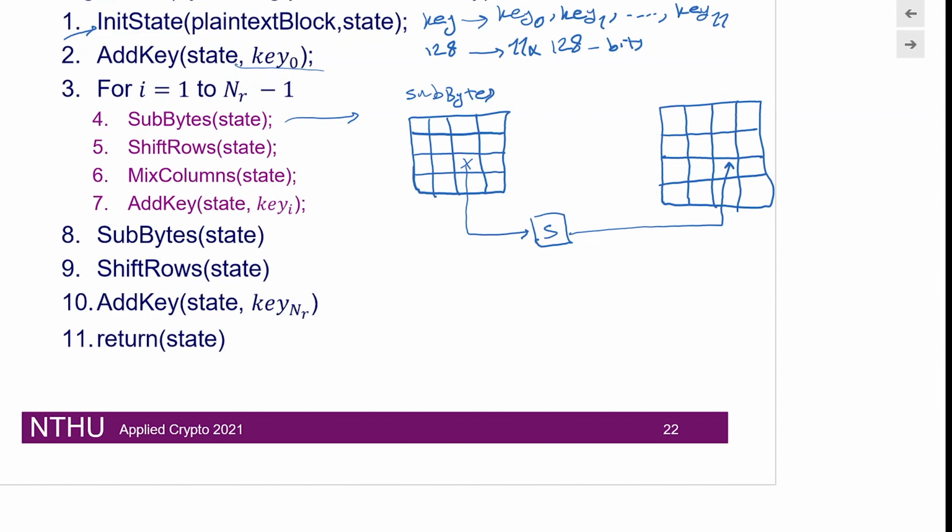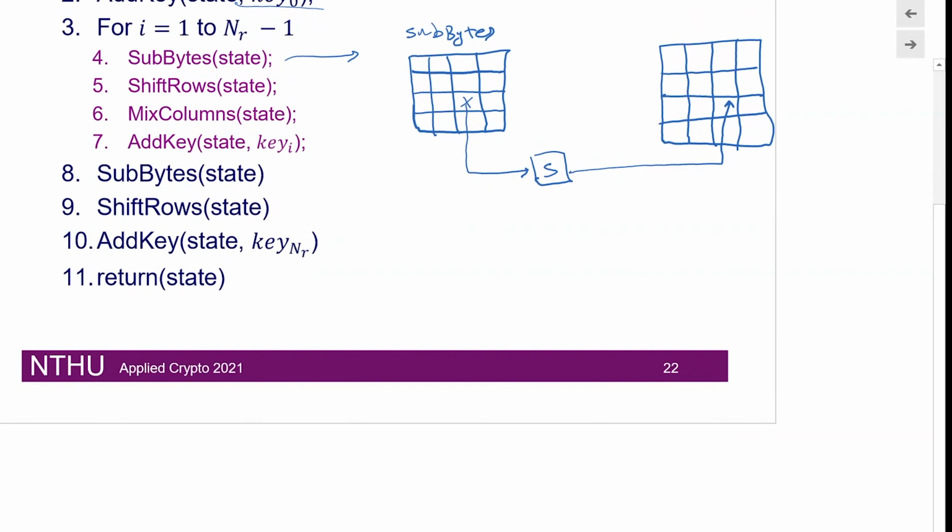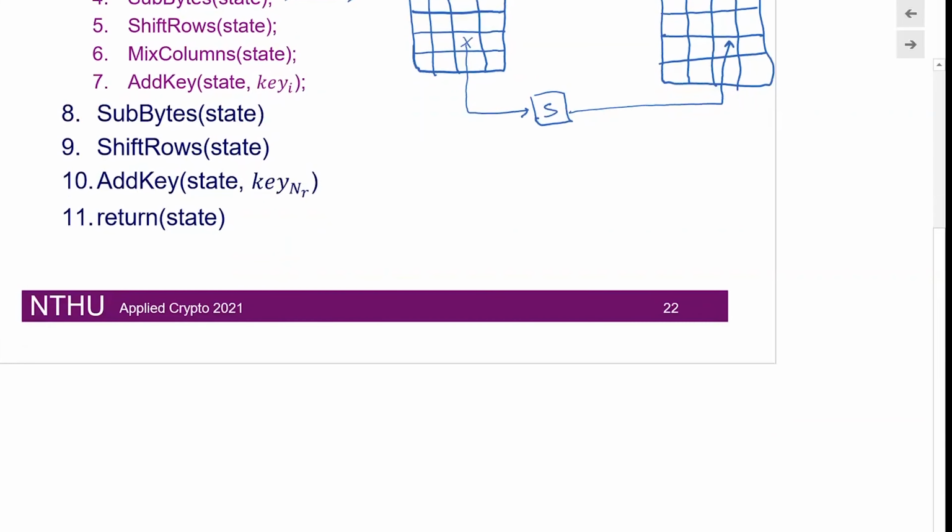How would the sub bytes work? I'm substituting this byte, whatever it is in this location, according to the substitution table. I replace that one with some other value, and I would just write it back there. So this matrix is a state, and this one shows the same state after applying the substitution bytes. The second operation, let me change my color, is shift rows.